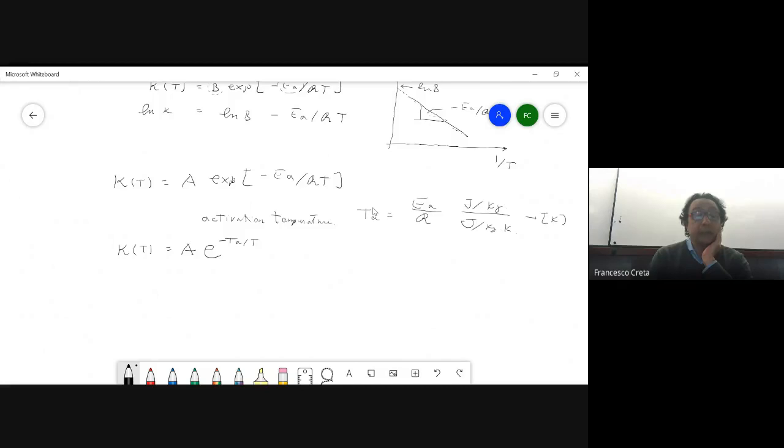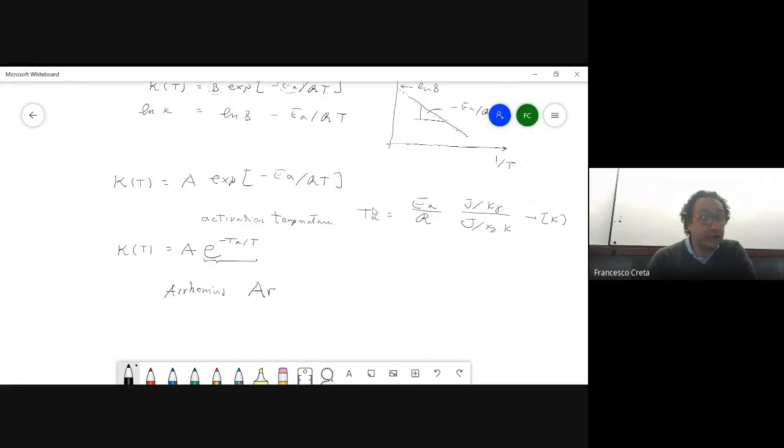Always remember what this means: it is the fraction of collisions that have an energy bigger than or equal to the activation energy, EA. Combustion is a theory that also has a bunch of non-dimensional numbers. One of the most important ones is the Arrhenius number, which we call AR.